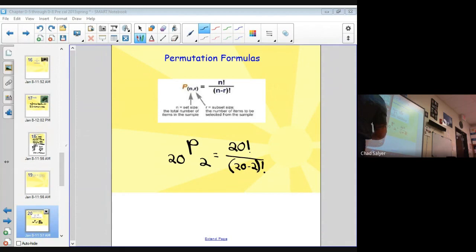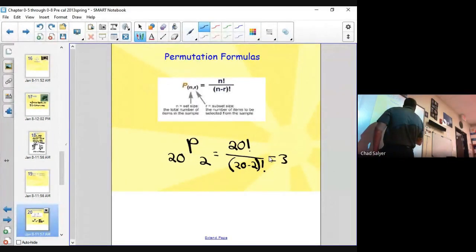You're looking for that exclamation mark. That's a huge number, 2.4 times 10 to the 18. And then I'm going to divide that value by 18 factorial. And it comes out to be 380.